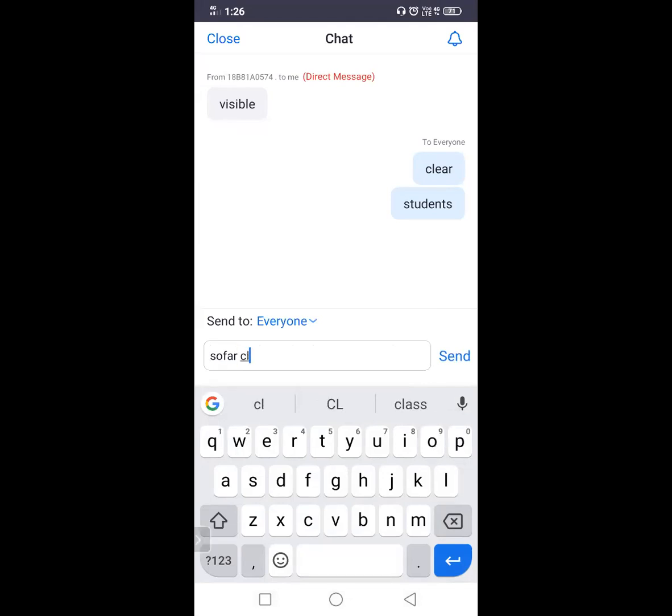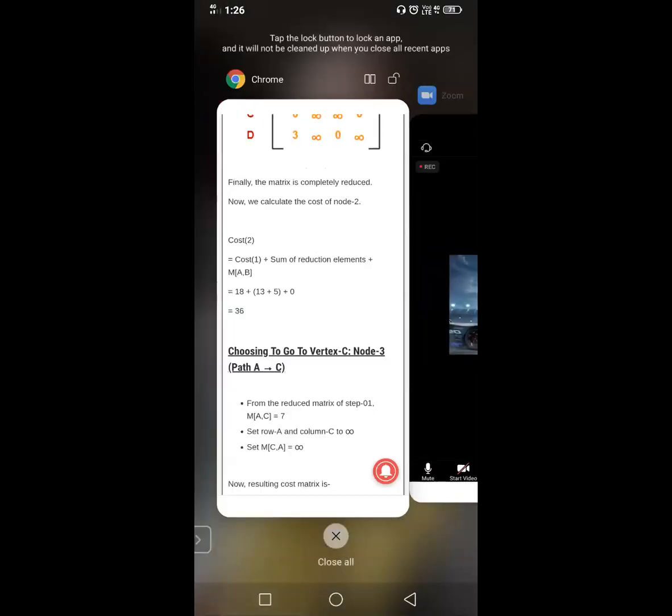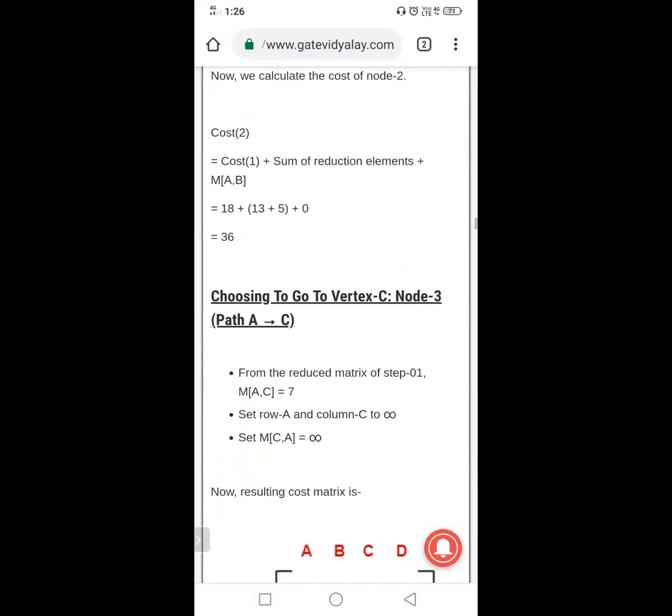So far clear, students, or any doubt? If you have any doubt, please write a message in the chat box. So this is about the traveling salesman problem, and this is another example.